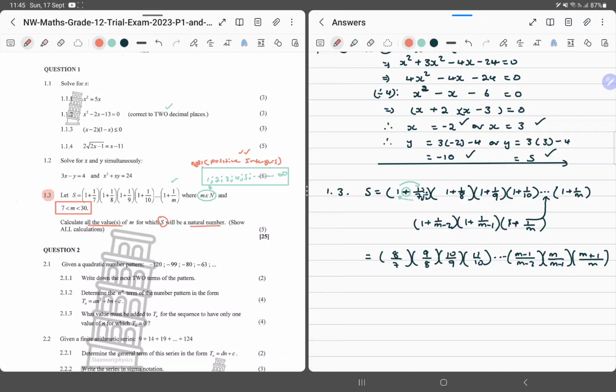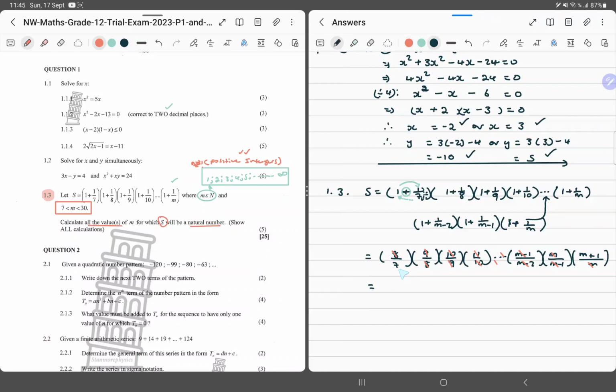Now notice something here. When you're multiplying, this one cancels, that cancels, that cancels, and this one would cancel the next one somewhere. This cancels, meaning that one would have cancelled something up there. So what are we left with out of all of this cancellation?